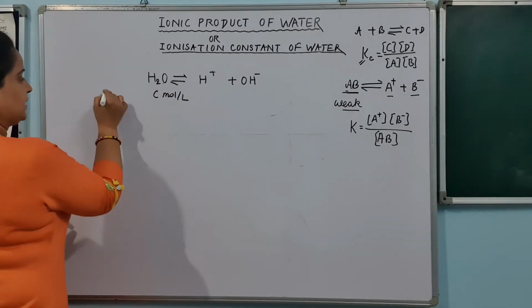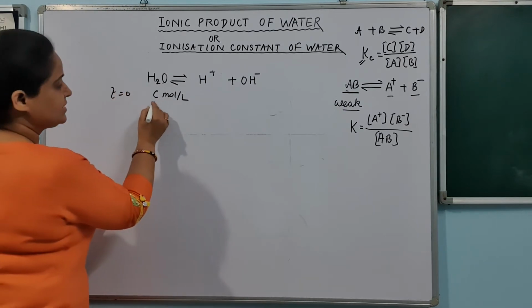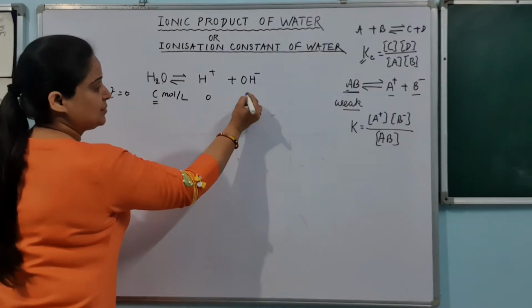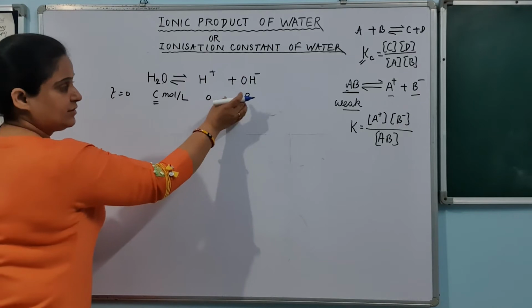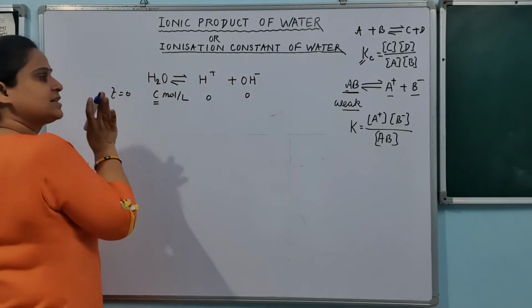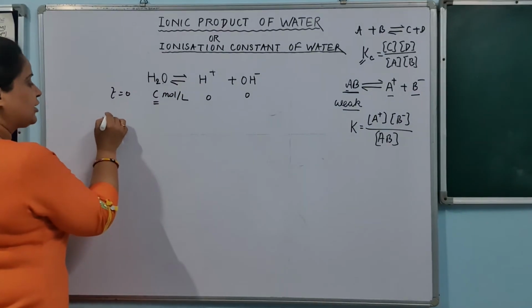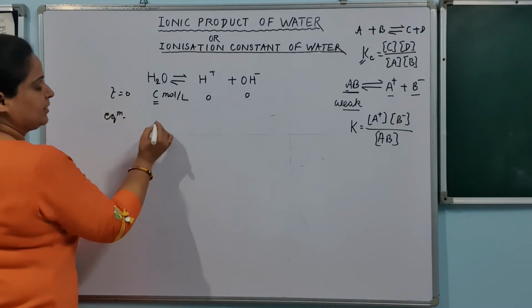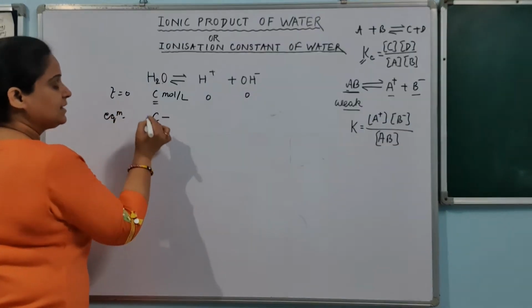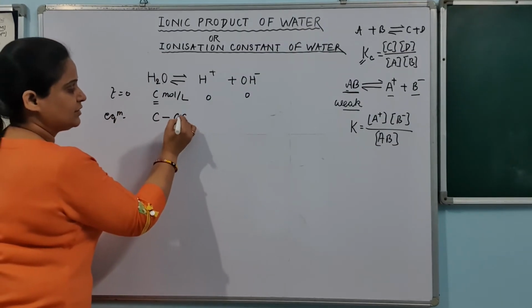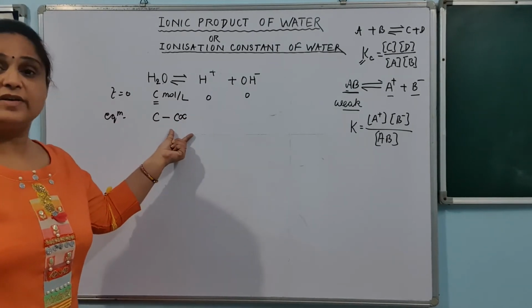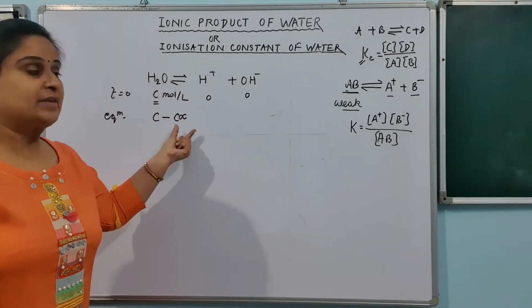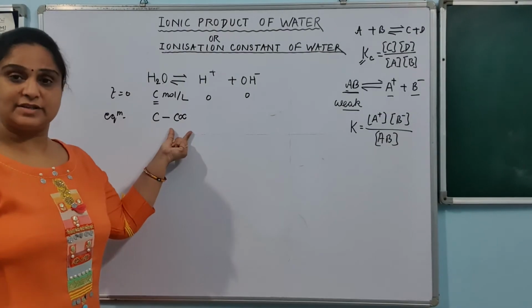Starting at t equals 0, we have taken C moles of water. At this time, during the start, the ions were not formed. At the equilibrium state, C alpha moles were dissociated, because alpha is the degree of dissociation of water. So out of C, C alpha was dissociated.